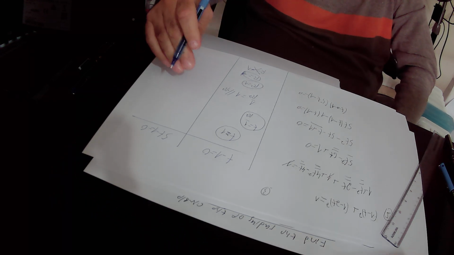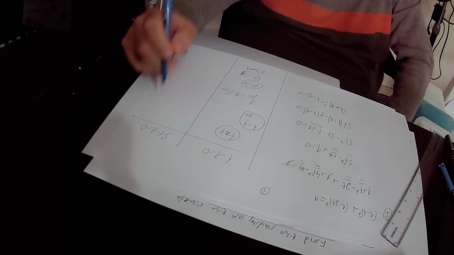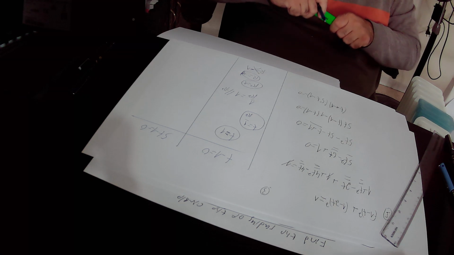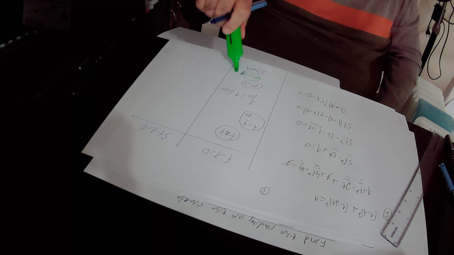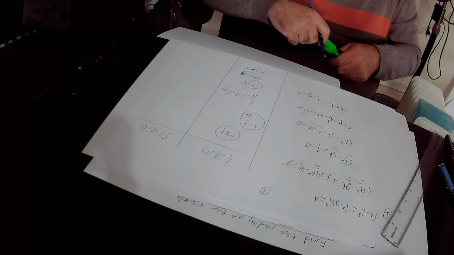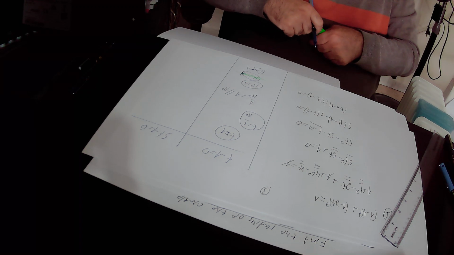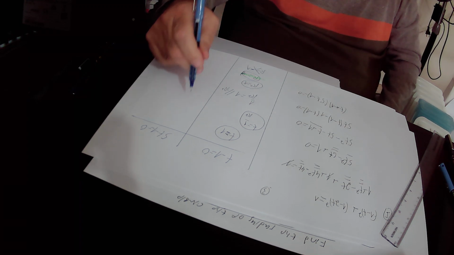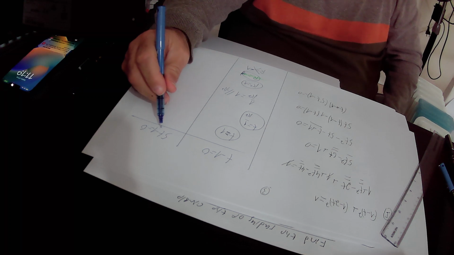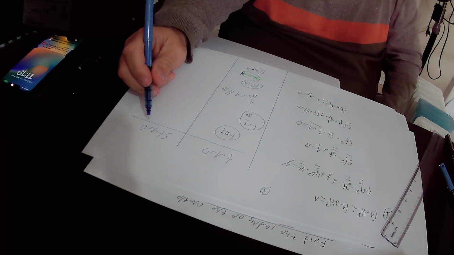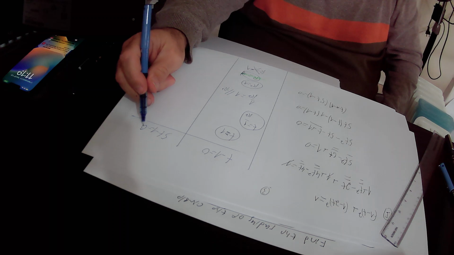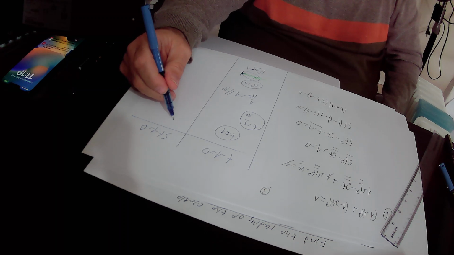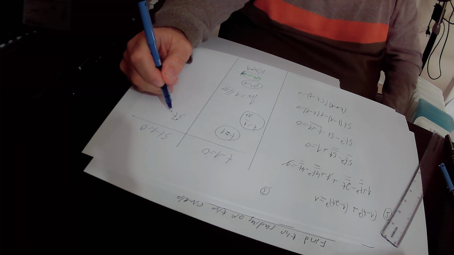Okay. Here 5t minus 1 equals 0. 5t equals 1.